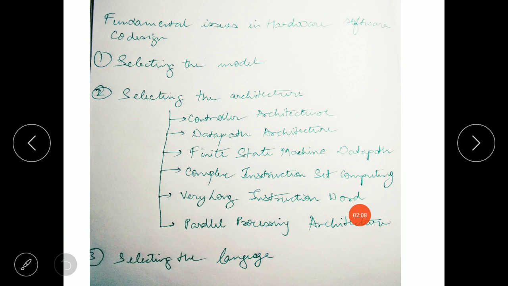The fundamental issues that come up in hardware software co-design are, first, selecting the model. It is hard to decide which model should be followed in a particular system design, the reason being the objective varies with each phase. For example, at the specification stage, only the functionality of the system is in focus and not the implementation information.